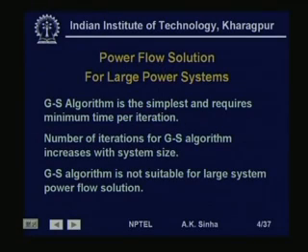However, one problem with the Gauss-Seidel method is that the number of iterations increases with the system size. If you are working with a smaller system, the number of iterations required for convergence is small, but for a large system, the number of iterations for the same accuracy of convergence is very large.